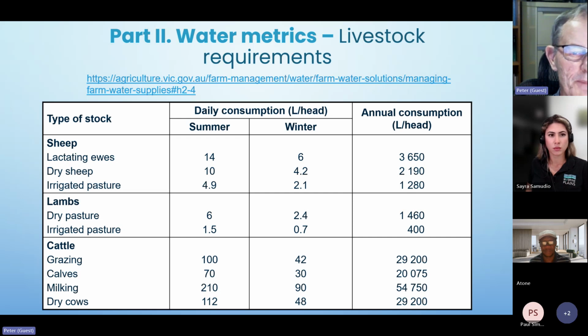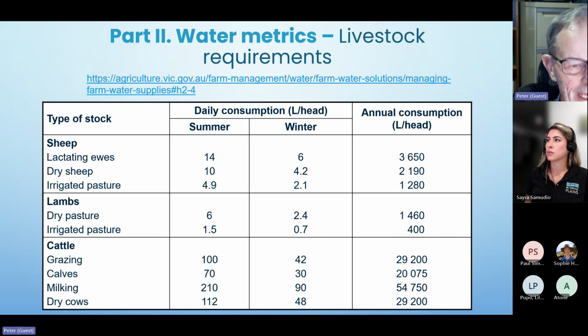If they're on irrigated pasture, which is pretty rare in a drought, they might be taking less than half of that, maybe about a third. If you've got lambs on dry pasture, they're taking about 6 litres per head per day. If you've got grazing cattle, they're taking about 100 litres per head per day.